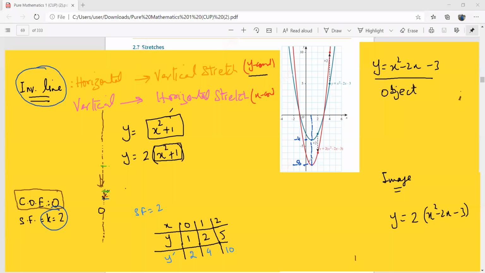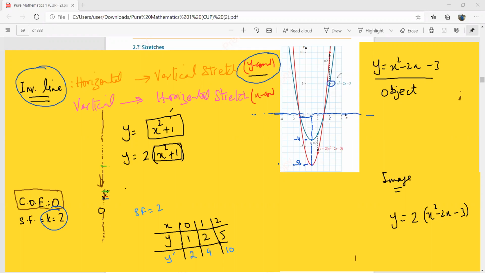So this is what happens to the y coordinates of the points when you stretch from the x-axis. You see, this x-axis is your invariant line. All these points are moving vertically now, so the impact is on the y coordinates. Look at this point, it is 4, 5.